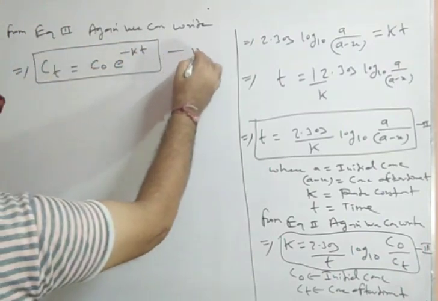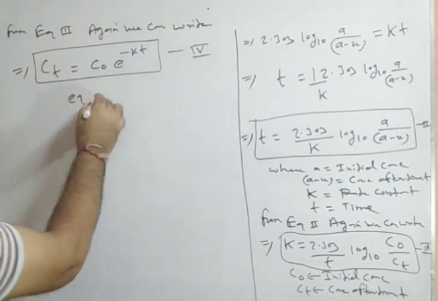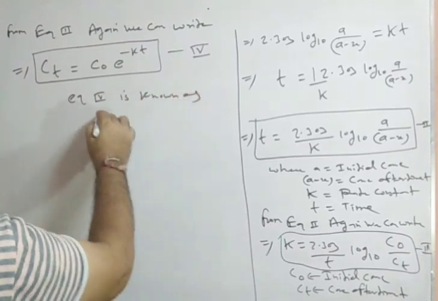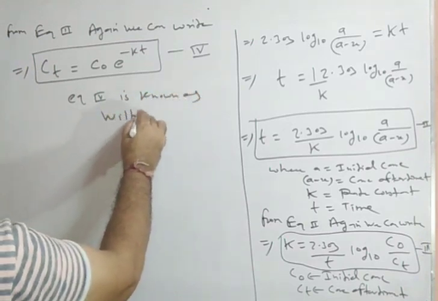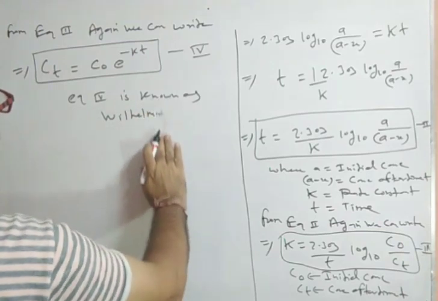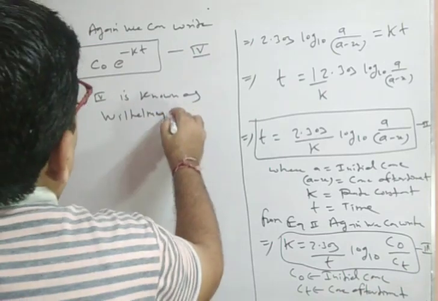This is equation 4. Equation 4 is known as Wilhelmy formula.